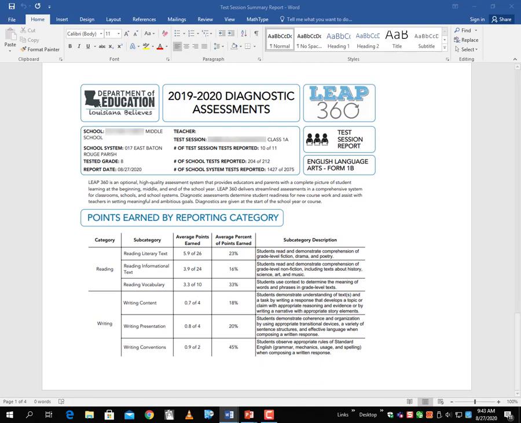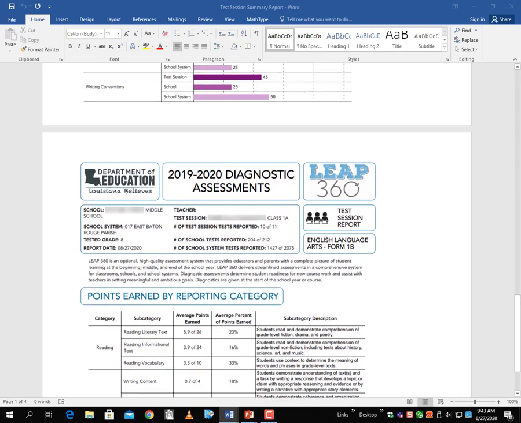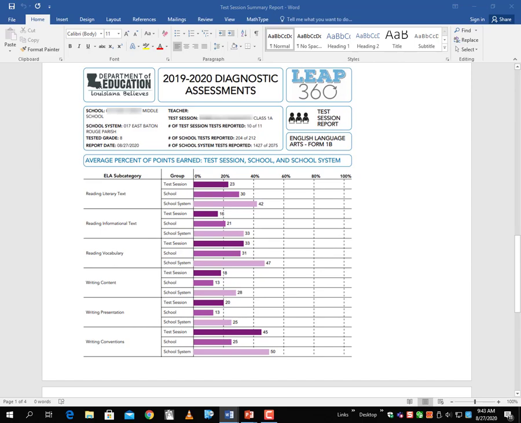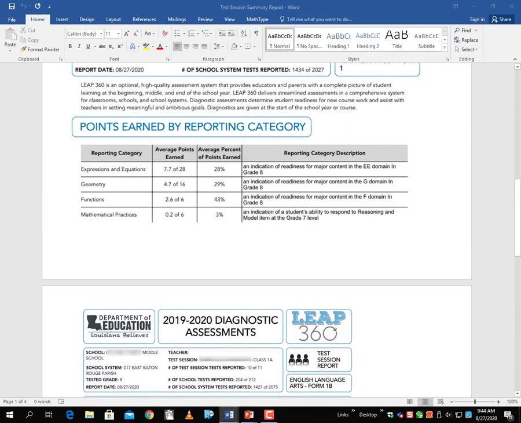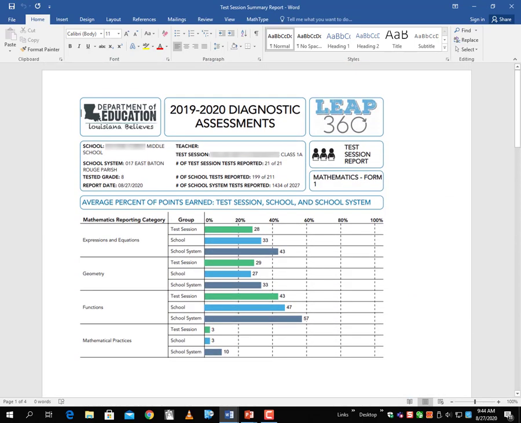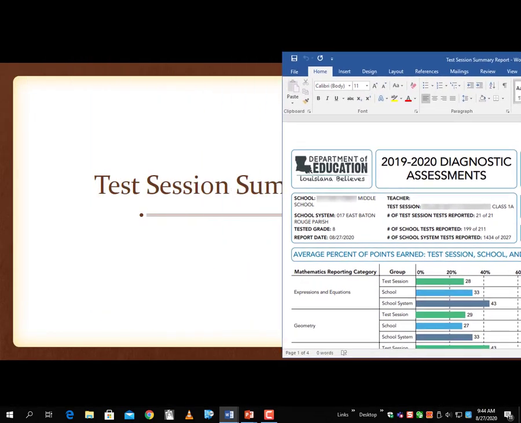So you have reading and writing, information about the reading categories and about the writing categories. This could be important for teachers for planning purposes. So that's going to take care of this report, the test session summary report. Okay, so let's look at the other one.